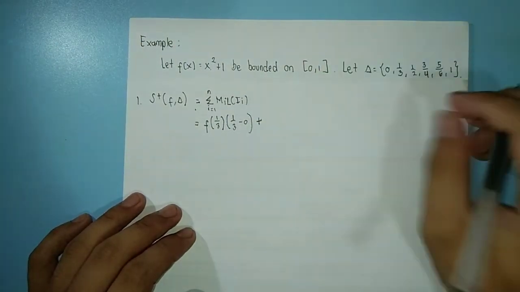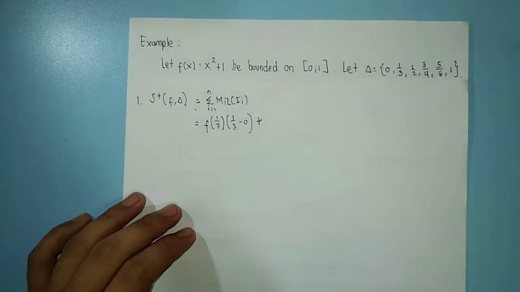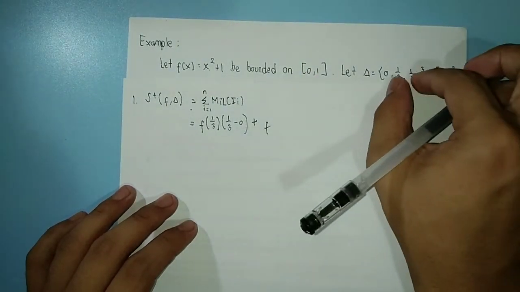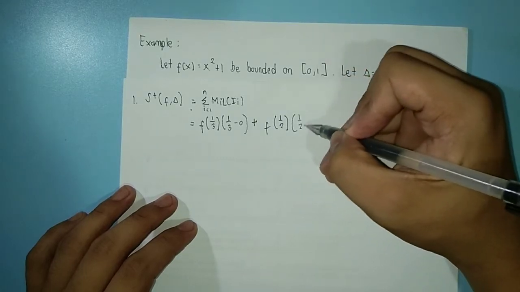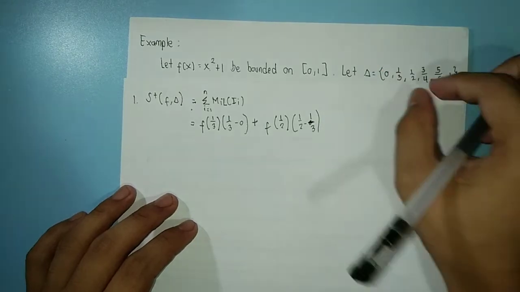Plus, take note meron tayong 5 intervals dito. 1, 2, 3, 4, 5. So, plus, f of 1/2 naman yung kukunin. Tapos, 1/2 minus 1/3 pala. Yung length neto.